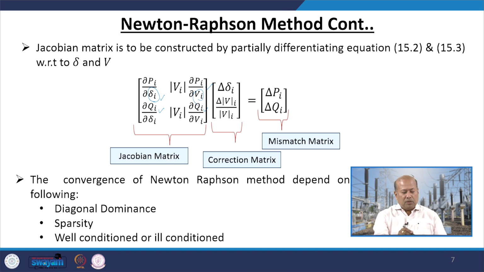Once the Jacobian matrix is available, we multiply it by the correction matrix, which is delta delta i as well as delta Vi upon Vi, which is equal to a mismatch matrix, that is delta Pi and delta Qi. The convergence of the Newton-Raphson method depends on the following: diagonal dominance, sparsity, and whether the matrix is well-conditioned or ill-conditioned.